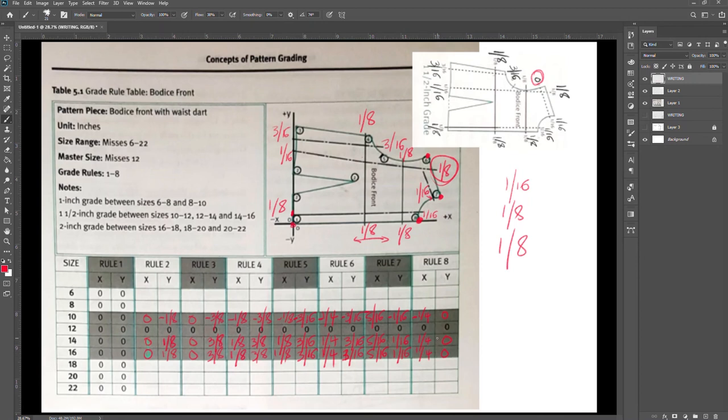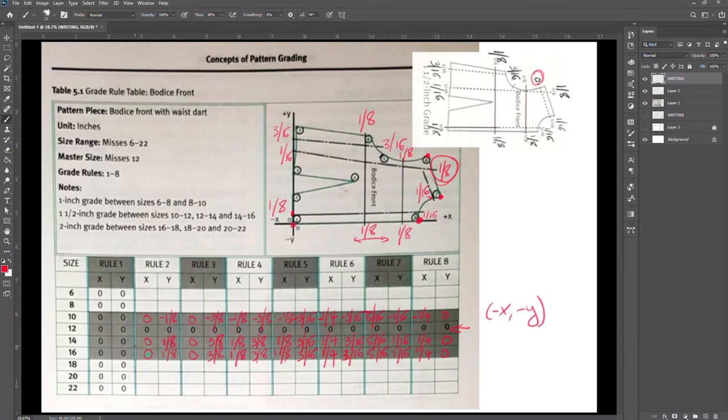And with that, we have completed the grade rules for the bodice here, for the front bodice. And this bodice is very consistent. It has all negative x, negative y for the numbers smaller than the master size of 12. And it has all positive x and positive y for the sizes larger than the master size of 12.